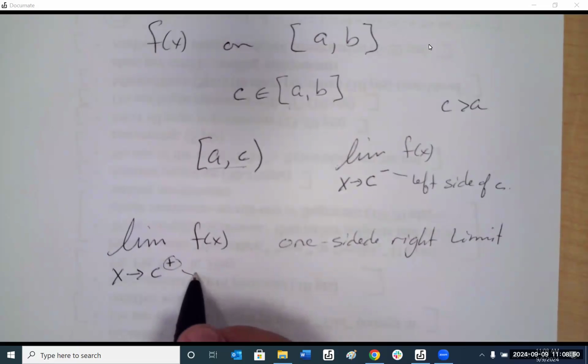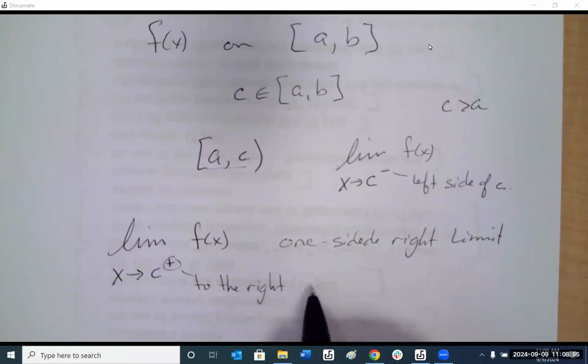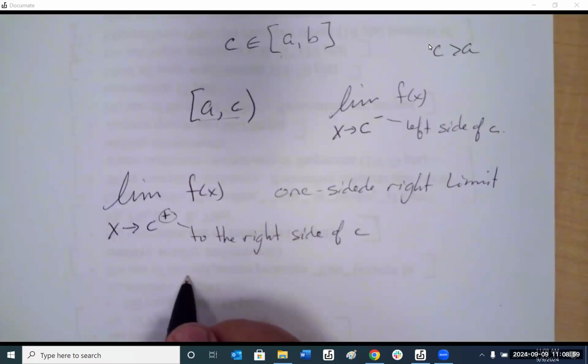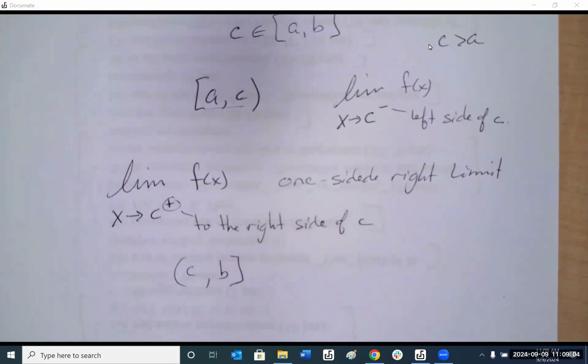This is to the right side of C. And C is in that domain, because it's coming to C from the right. So it doesn't mean that the answer is positive or negative as on a number line. It simply means right or left side.